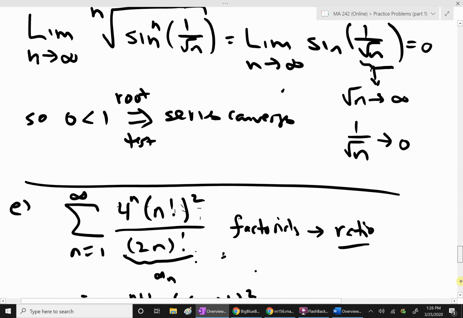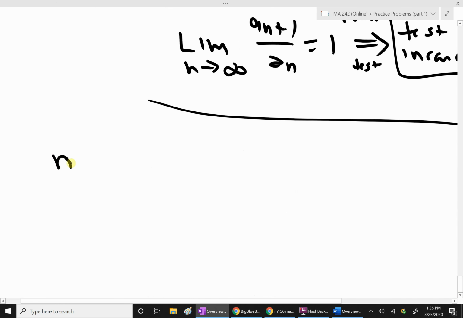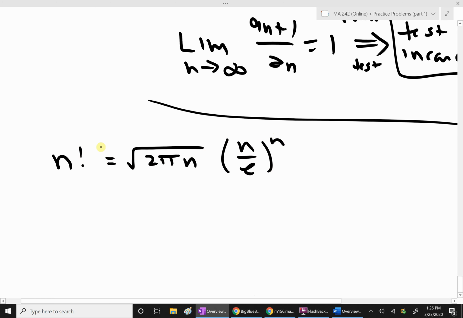Stirling's theorem says that as n gets very large, n factorial is approximately equal to the square root of 2 pi n times (n divided by e) raised to the nth power. Okay, and that's an approximation. So if you wanted to actually figure this out a little better, you would use this approximation. Okay, but anyhow, we don't have to use that. This is just called Stirling's approximation or Stirling's theorem.